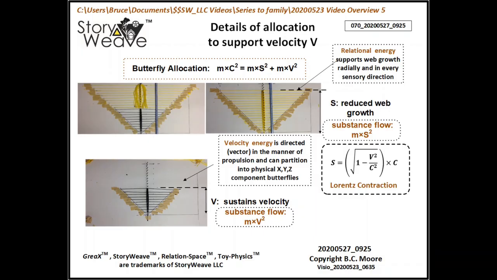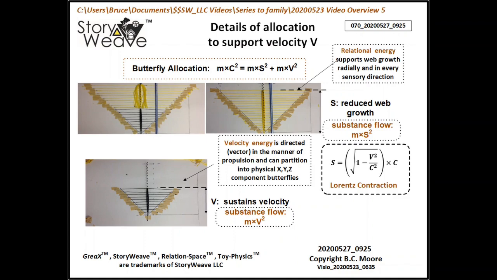A really radically different concept of an atom in toy physics, and this comes straight from the geometry, is that basically an atom is self-propelled. This energy coming in from expansion, a portion of it, that black butterfly, is expelled out in the opposite direction of velocity.